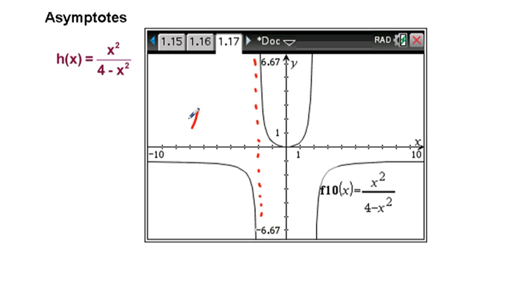So this is going to be at x equals -2. And likewise over here on the right side of the y-axis we have this vertical asymptote I'm now sketching, whose value is x equals 2.